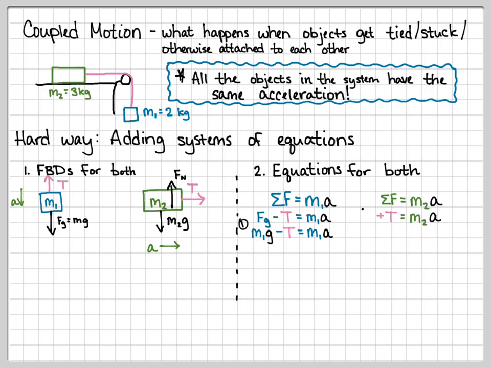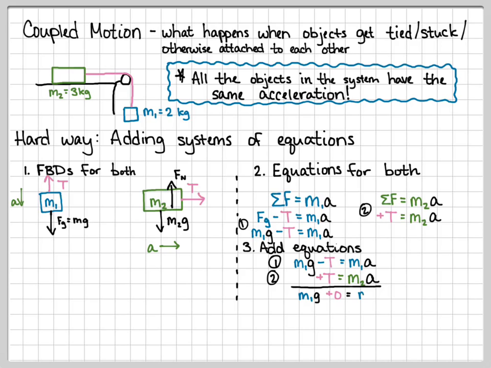The third step, okay, so there's equation 1, equation 2. The third step is to add them together. So my first equation was m1g minus tension is equal to m1a. My second equation is positive tension is equal to m2a. And I just add these together, sort of like normal.